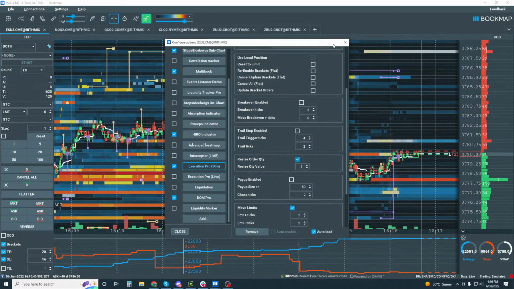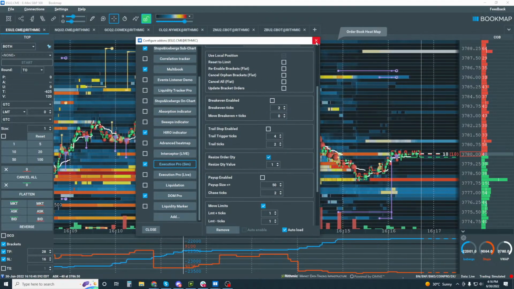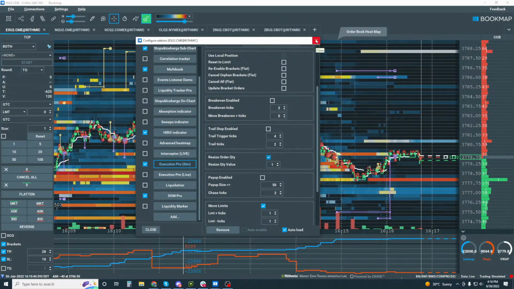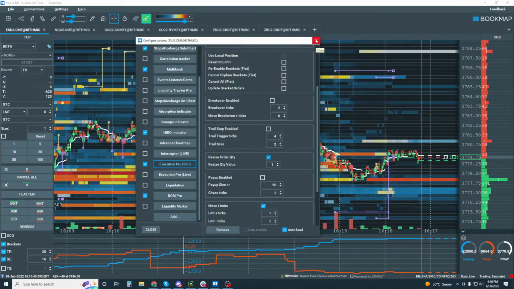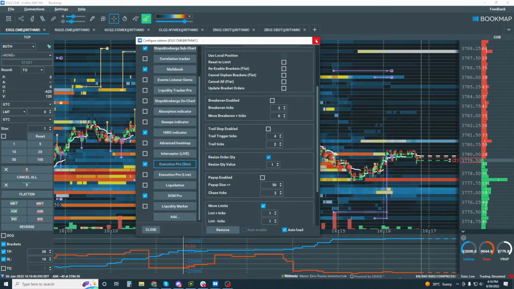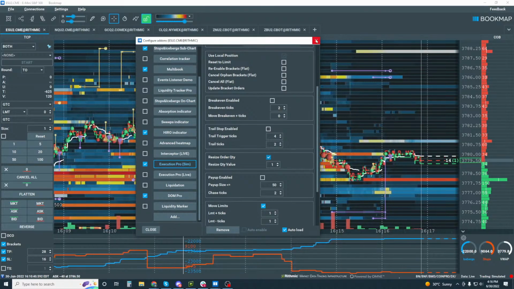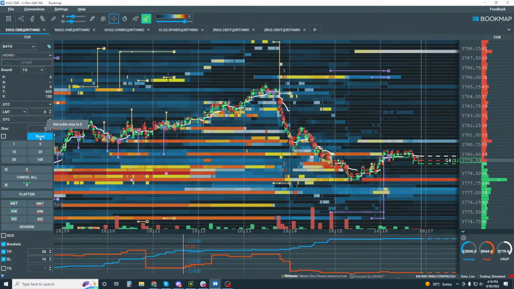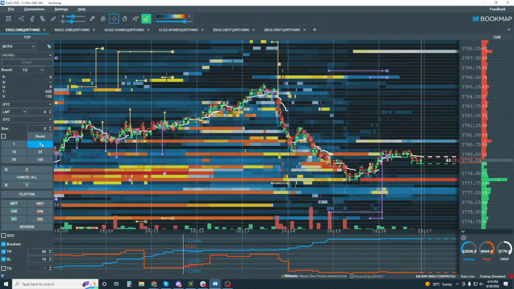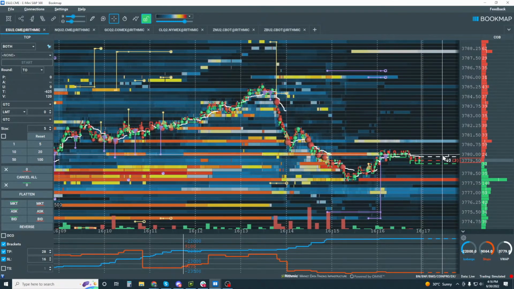Let's say someone normally enters with a 5 lot entry, so they can temporarily change the size on Bookmap's TCP panel to 5. We'll put an order in for 5.